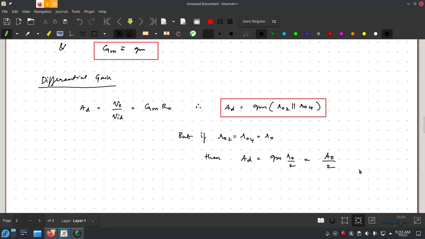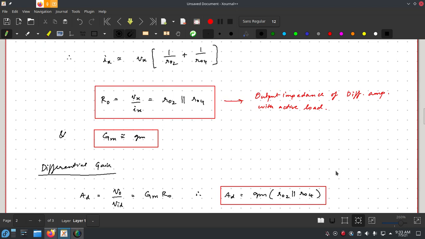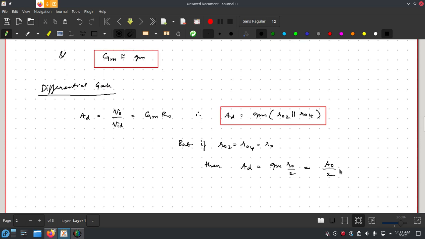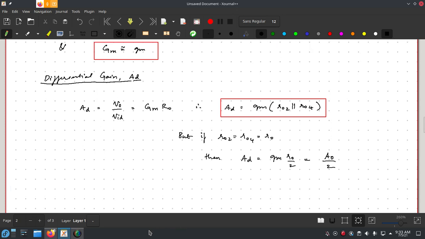So you can say that this is the differential gain of an actively loaded differential amplifier. Now the only things left out are finding CMRR and the common mode gain. Just neatly, differential gain AD.